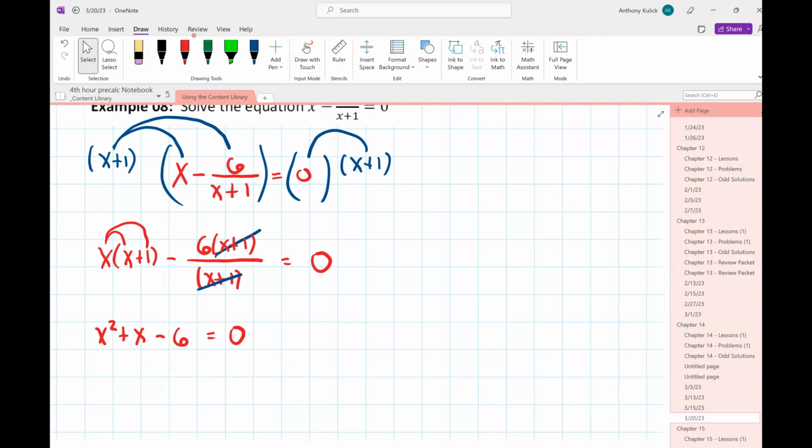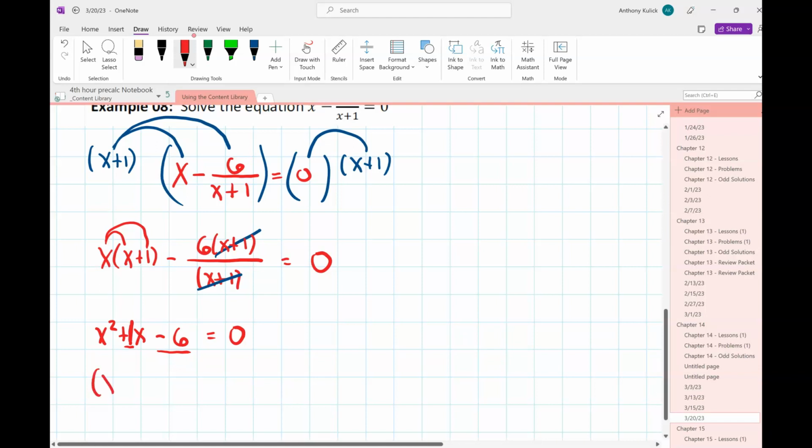Excellent. Which one would you prefer to use here? I'd at least try factoring, since the leading coefficient is 1. So are there two numbers that multiply to give us -6 and add to give us 1? 3 and -2.